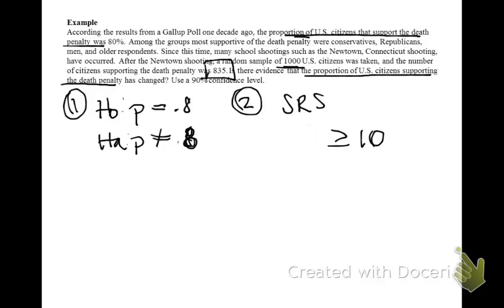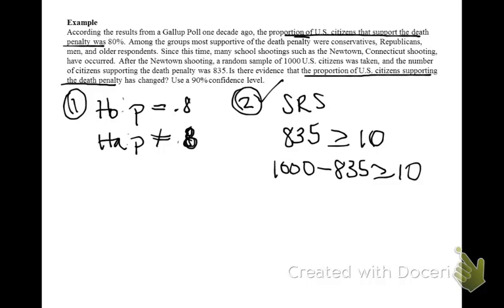This is your n times p hat. You also need 10 or more failures: n times 1 minus p hat should be greater than or equal to 10. But you could think through this one as well. If there's 1,000 people and 835 said that they support the death penalty, then 1,000 minus 835 would leave over the people who don't. This is also clearly bigger than 10, so our assumptions have been met and we can proceed.